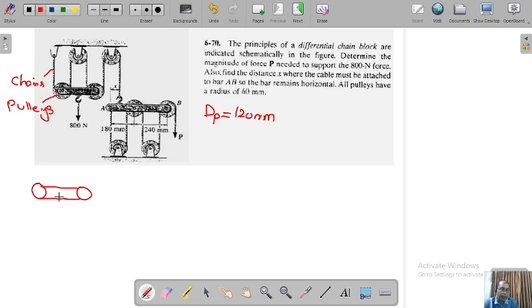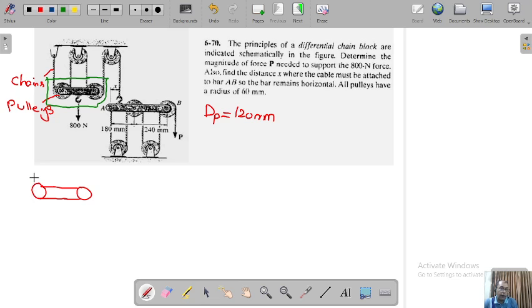What we are trying to tell you is that we will consider only this system, including this weight, okay.